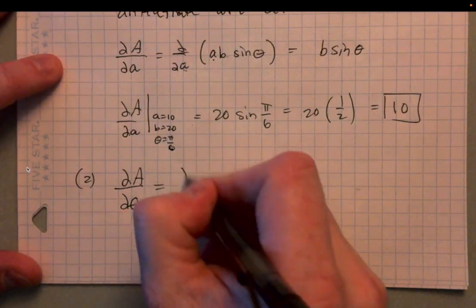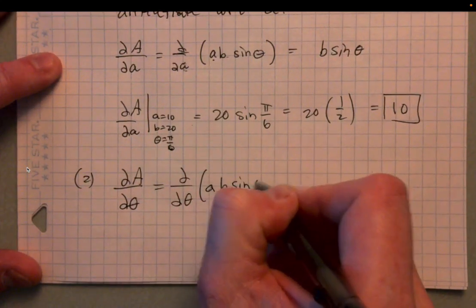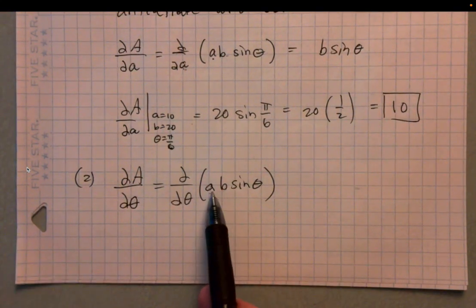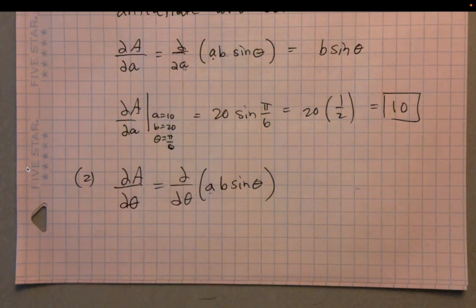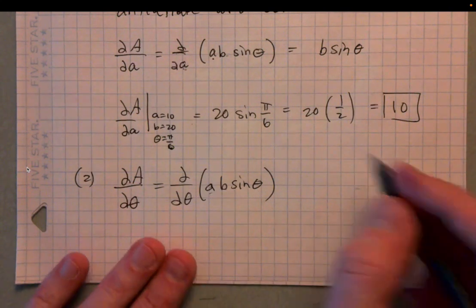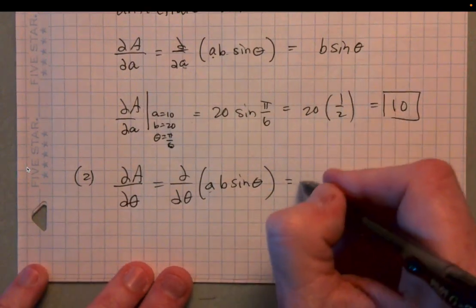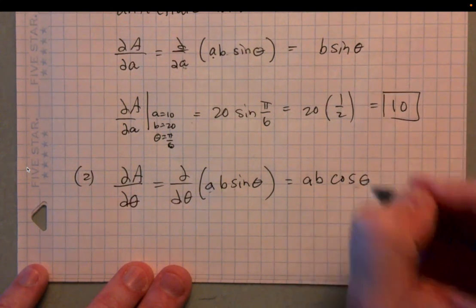Okay, and so we need del theta of AB sine theta. In this case, A and B are just constants, but we need to differentiate sine theta with respect to theta. The derivative of sine is cosine, so this would be A times B times cos theta.